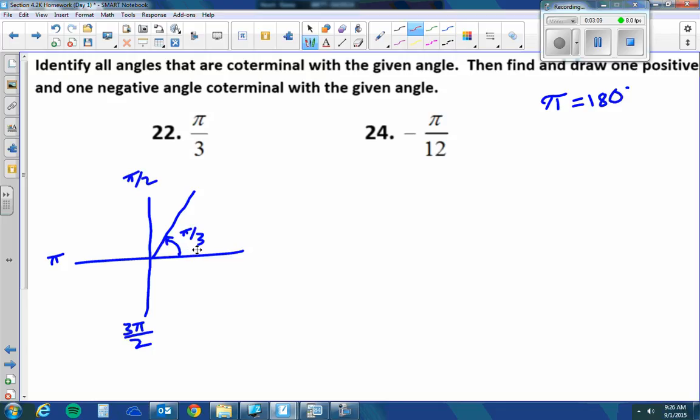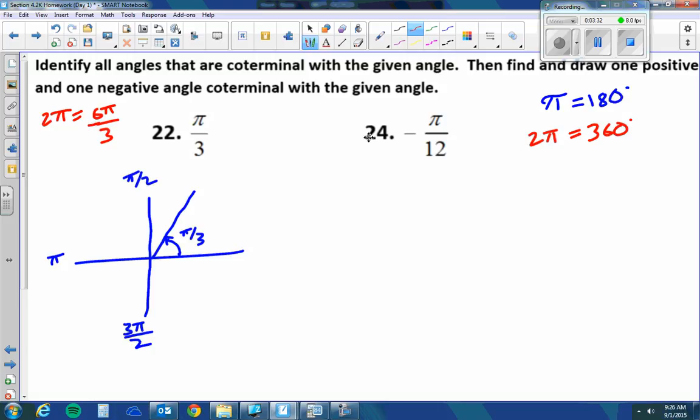Now, what gets people with radians is, all the way around the circle is 2 pi, always. But how you express 2 pi would change. Here we're talking about thirds, so 2 pi equals how many thirds? 2 times 3 is 6 thirds. So all the way around the circle is 6 thirds pi.